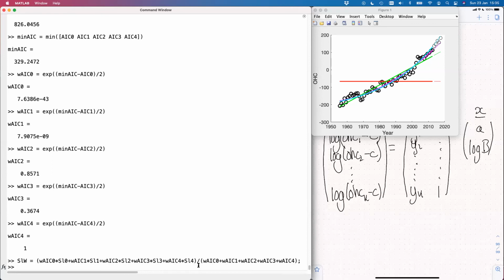So let's add these to our plot. SLW. I'll do it in black, but with a thick line width so that we can see it clearly.